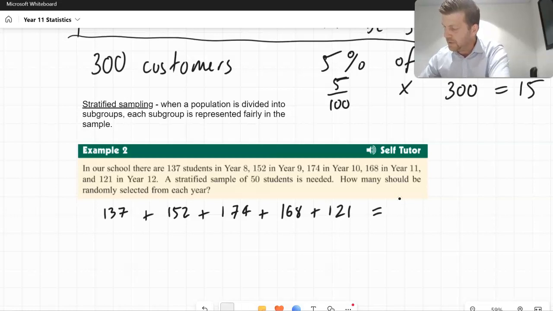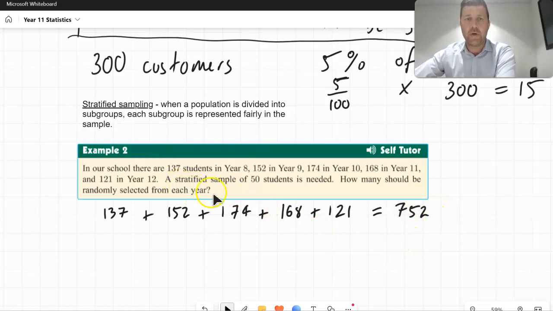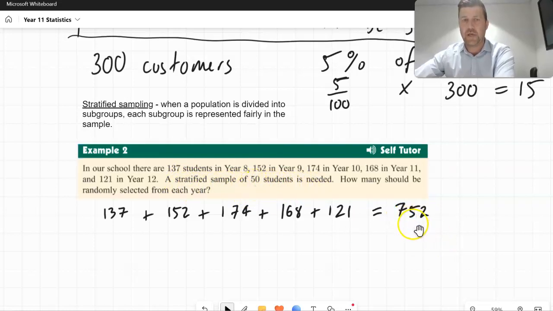Now I've already done this. The answer is 752, so I'll speed the time, type that in the calculator. There are 752 students at the school together, and the example here says we're going to sample 50 of those students. So 50 out of 752 students are going to be surveyed, okay?